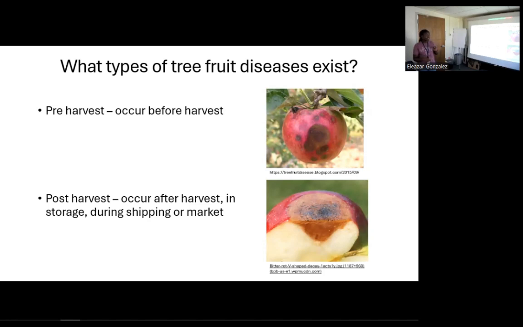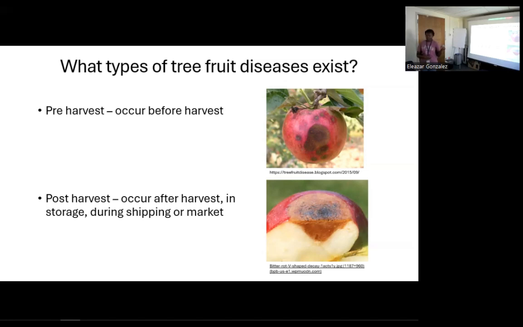That's an example of an apple disease. The apple is still on the tree, it's not harvested yet, but it clearly has disease because we have different symptoms. We have some spots, and we have these lesions. And we have another example here, an apple as well. That one is harvested, and so diseases like that will be classified as post-harvest diseases, and these are equally important because these are occurring after you've harvested your fruit, and these could occur in storage.